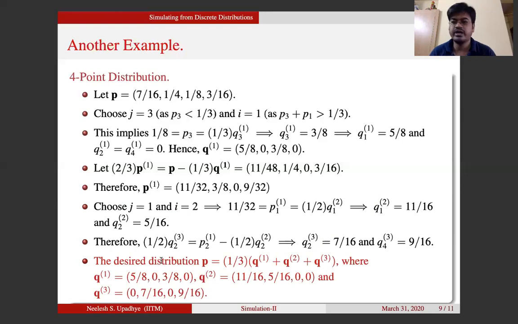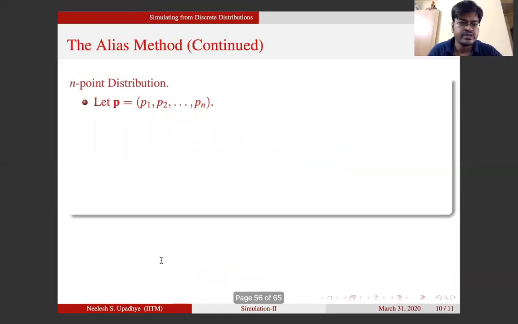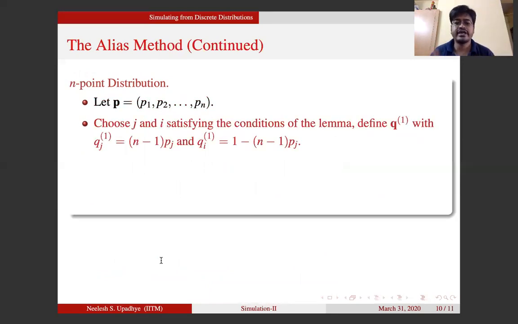So what we have done can be generalized for an n-step process, that is, an n-point distribution. So for n-point distribution, what we will do, we will consider a random vector. You know this. Choose j and i satisfying the conditions of the lemma, define Q1.